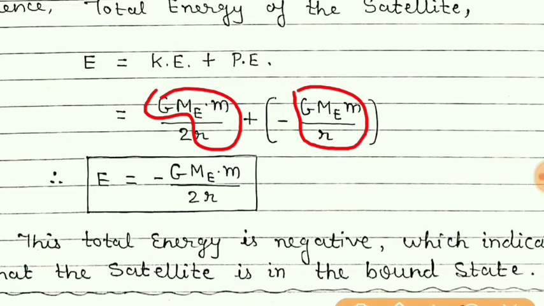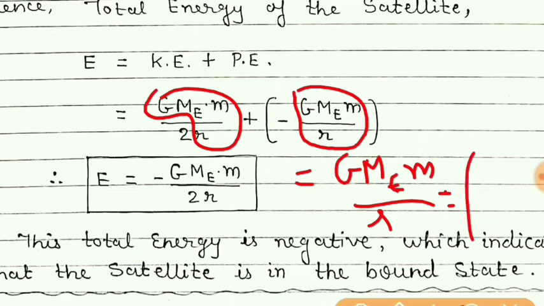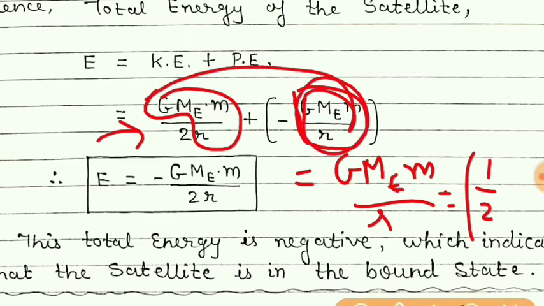So if we take G Me m upon r common, then what will remain inside? In the first term, 1 by 2 will remain, and in the second term everything was taken out common, so 1 will remain, so minus 1.